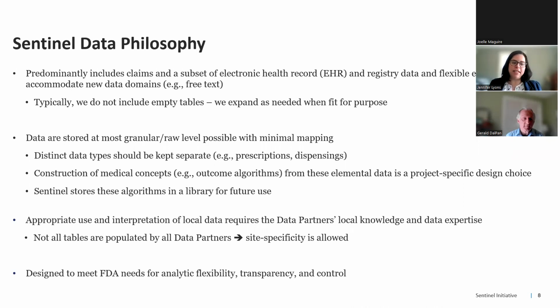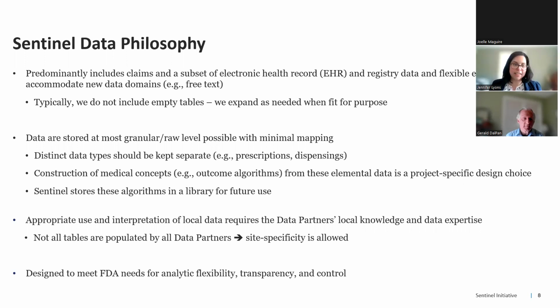And the way we've defined the data model is the most granular level possible with minimal mapping. And what that means is that we have the minimum specific information stored in each cell of the data set. So for example, we have diagnosis codes and procedure codes, but not necessarily a concept of a disease or a treatment. But you can use these diagnosis and procedure codes to construct an algorithm to identify an outcome.